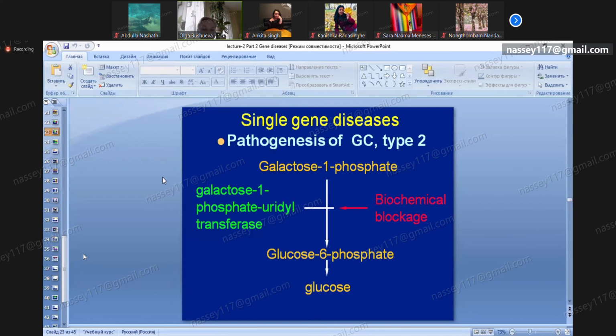This mutation is associated with biochemical blockage of transformation of galactose 1-phosphate to glucose 6-phosphate.